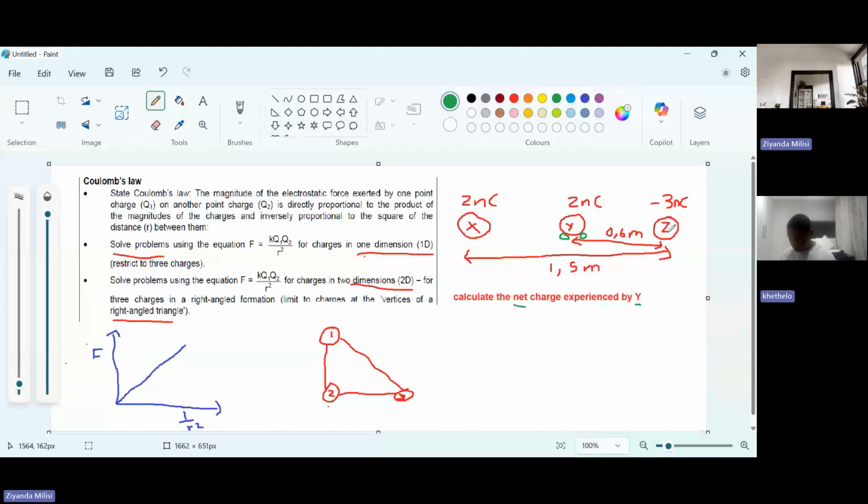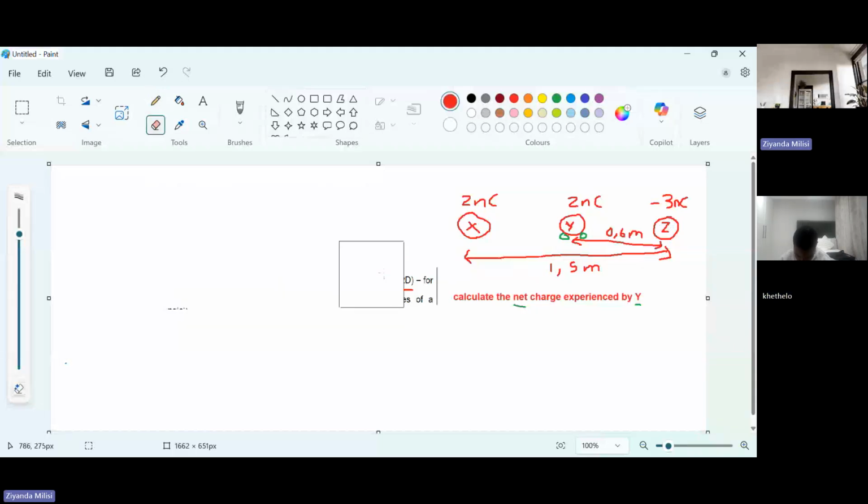So you must remember that charges exert a force on each other. They either repel or attract each other. Now check Y. X is positive, Y is also positive, and only Z is negative.